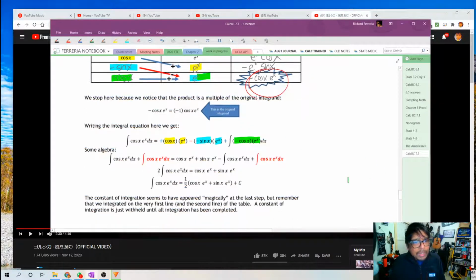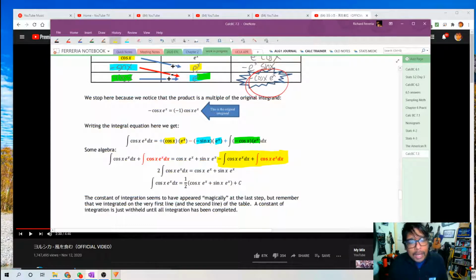Okay, once you've done that, you're going to do some algebra. So you're going to add the integral of cosine x e to the x to both sides. Notice that the effect of that is on the right side here, these two cancel out. That's a pretty bad choice for a highlighter color.